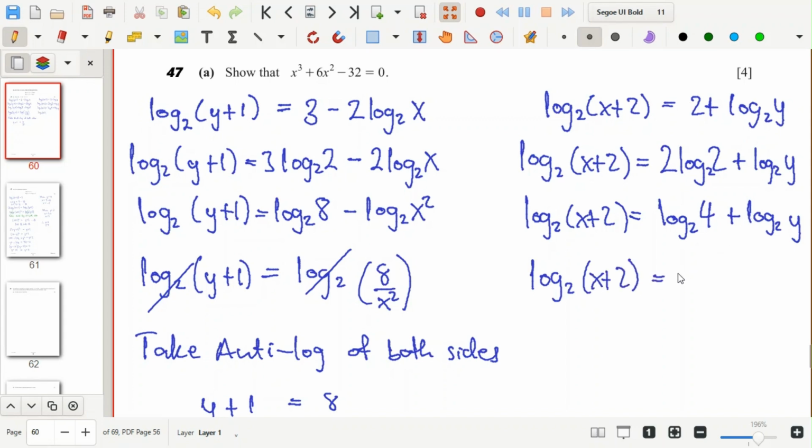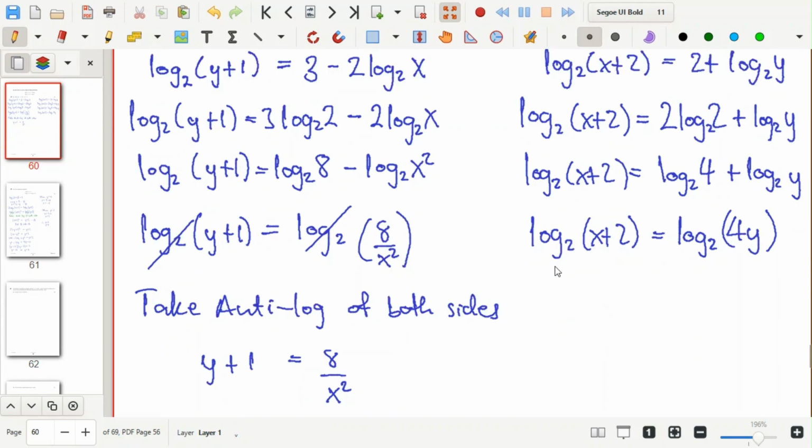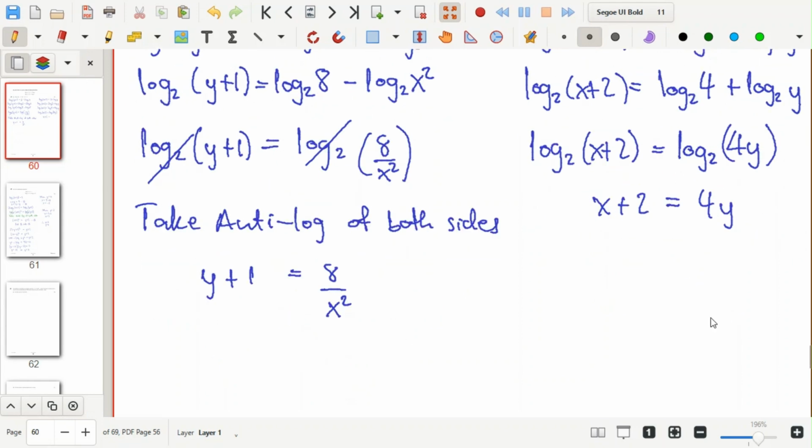Since my logarithms have the same base and they're adding, I can express them as a single logarithm. So here too, I can take the antilog of both sides. So I'm going to get x plus 2 is equal to 4y.